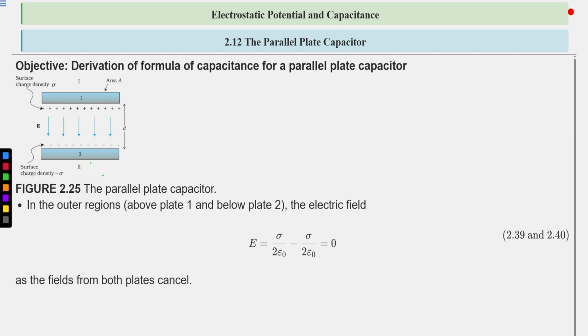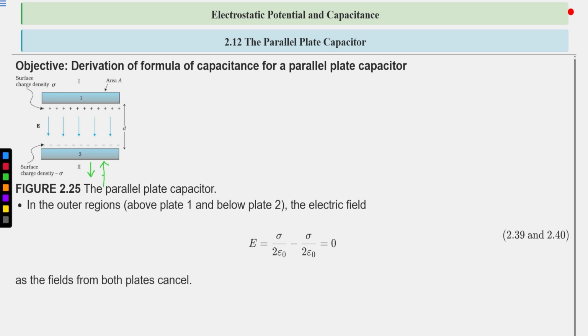Due to these positive charges, this is the electric field direction, which is sigma by 2 epsilon naught. Due to these negative charges, electric field is in this direction. Magnitude is again same, but in opposite direction, minus sigma by 2 epsilon naught. So both the electric field due to this positive and negative charges in this region will cancel out. So in second region it is 0.